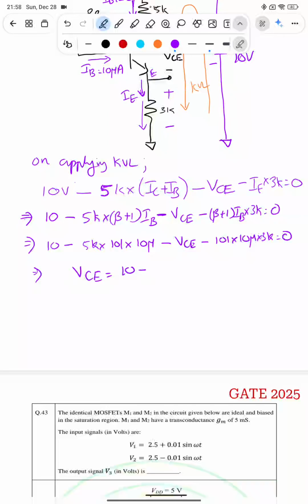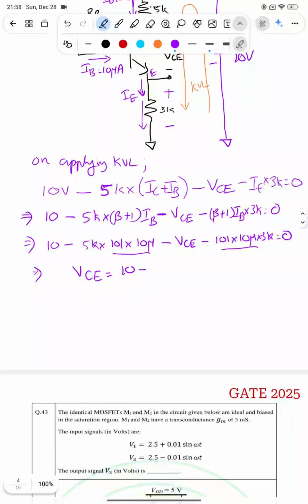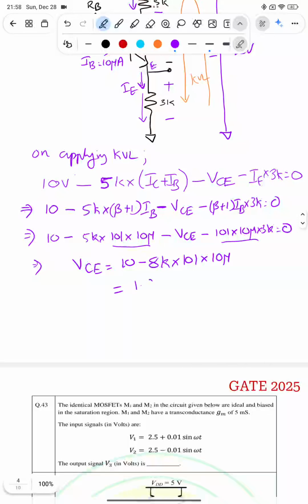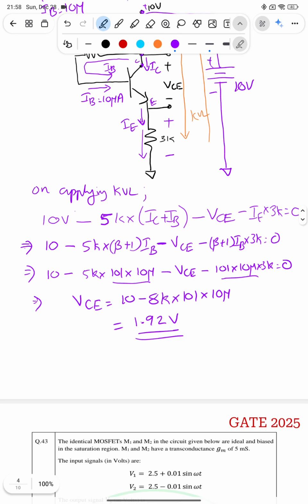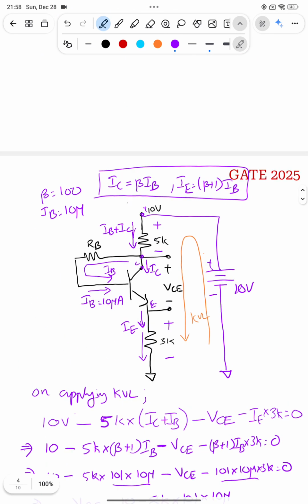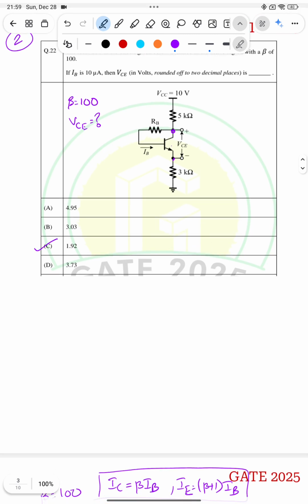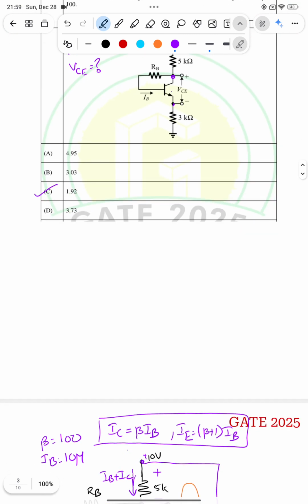VCE is 10 minus 101 into 10 micro, which is common, into 8k. If we solve this, the value will be equal to 1.92 volt. So this is how we find the voltage VCE. It's very easy. The answer is option C, 1.92 volt.